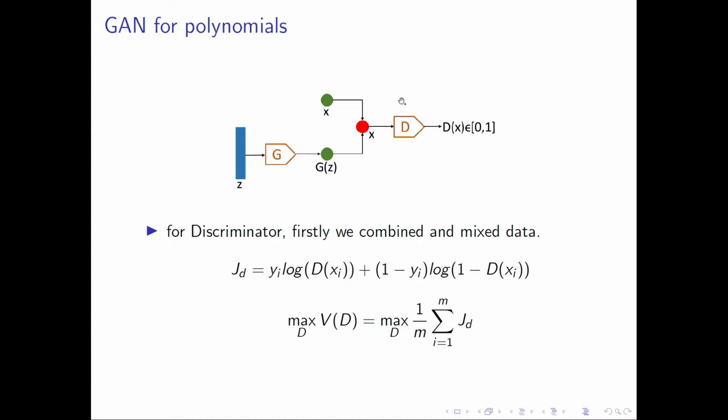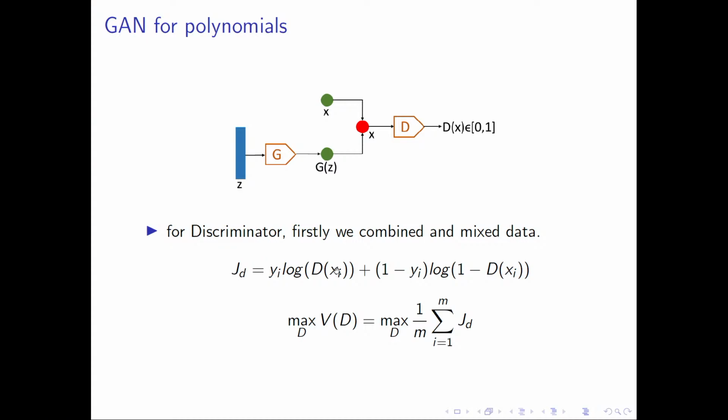We don't want that, so we combine and mix the data. When we combine it, we also store the labels of this data. So we have a supervised classification problem in here. Because of this, we use binary cross-entropy for the loss function.